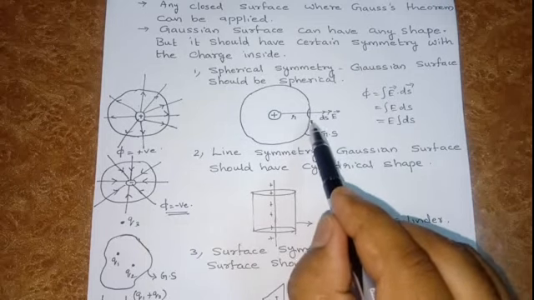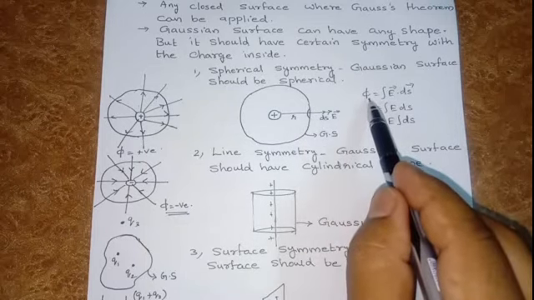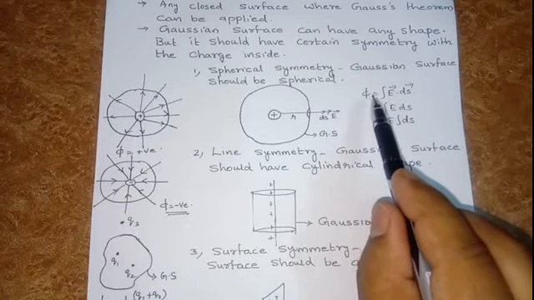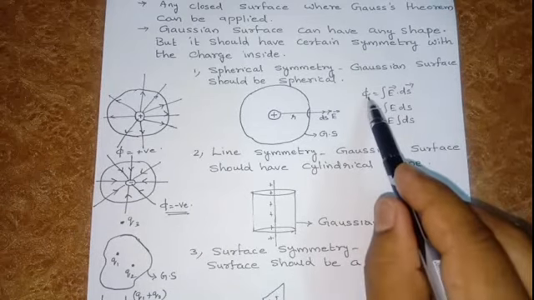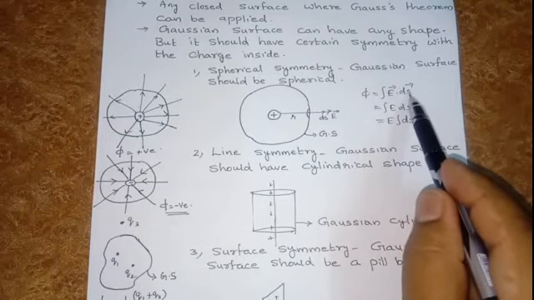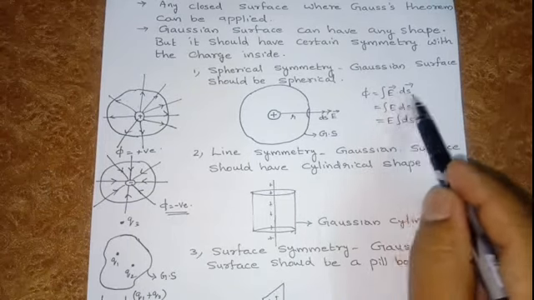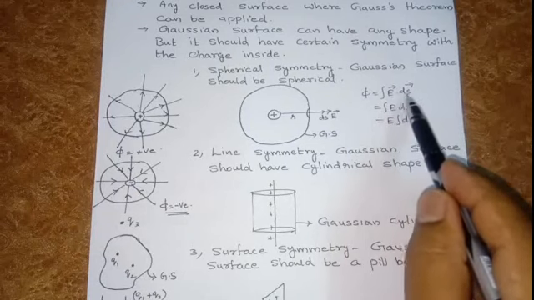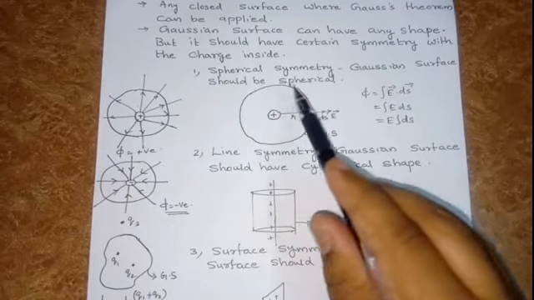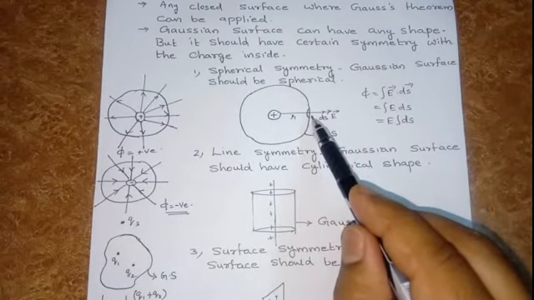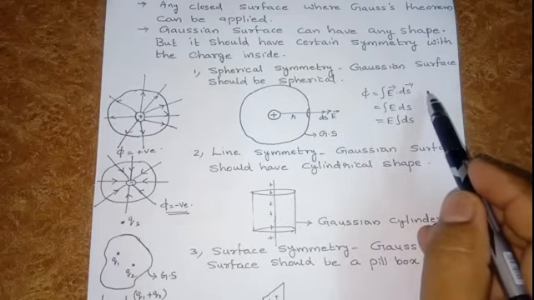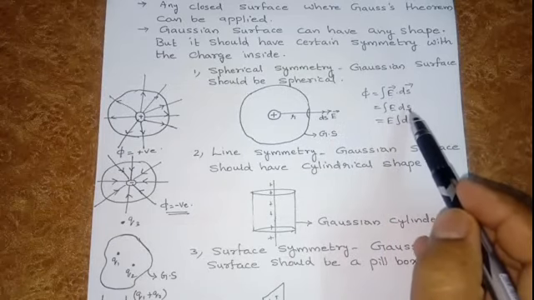So our aim is to find the flux linked with the surface, because Gauss's theorem primarily deals with flux and charge. Flux linked with the surface, phi, is equal to the integral of E dot ds, where the expansion will be E ds cos theta. Now in this type of Gaussian surface, theta is equal to 0. Therefore E ds cos 0 will be E ds only.